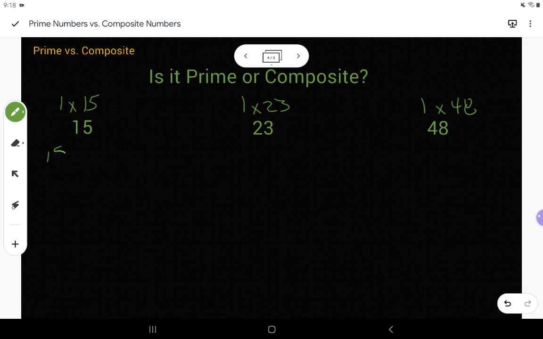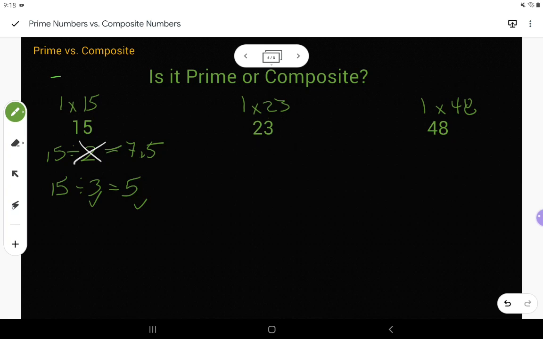So let's try it. Let's try 15 divided by 2. That would be our next one. 15 divided by 2, it gives us 7.5. Well, not a terrible number, but 2 is not a factor because I got a decimal. Let's try the next one. Let's try 15 divided by 3. 15 divided by 3, well, that one equals 5. Hey, that's nice. That means 3 is a factor and 5 is a factor.